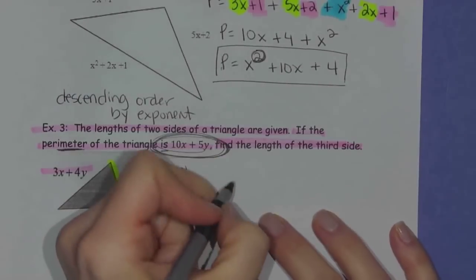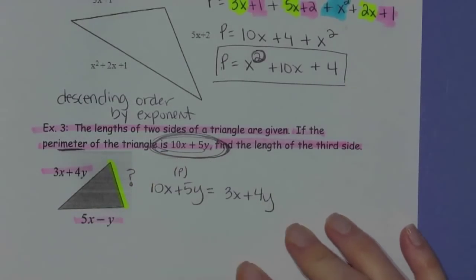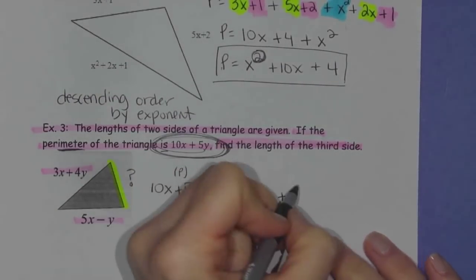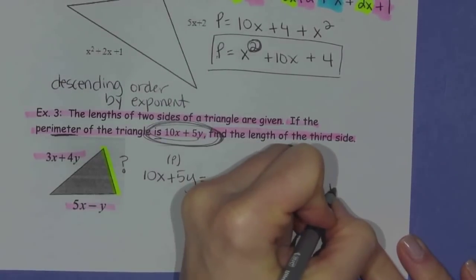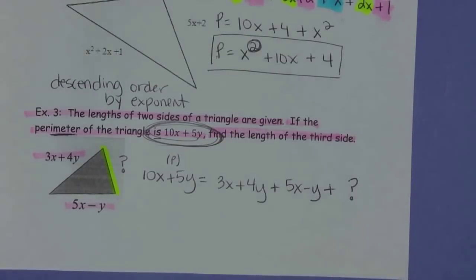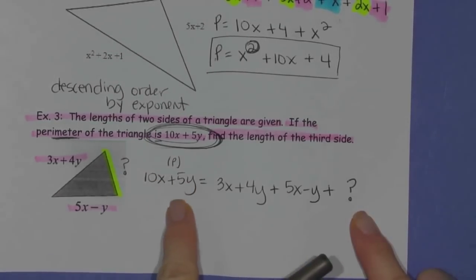So I've got a 3x plus a 4y plus a 5x minus a y plus this question mark, which represents the third side, which I don't know. And all together, when I add the three sides, I'm going to get 10x plus 5y.